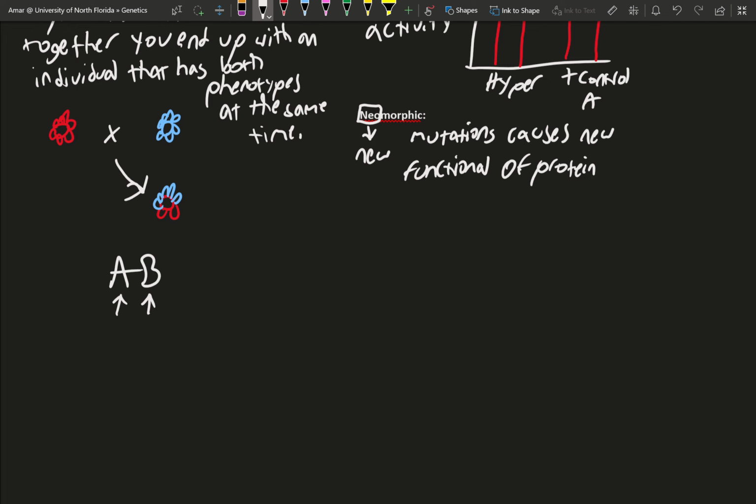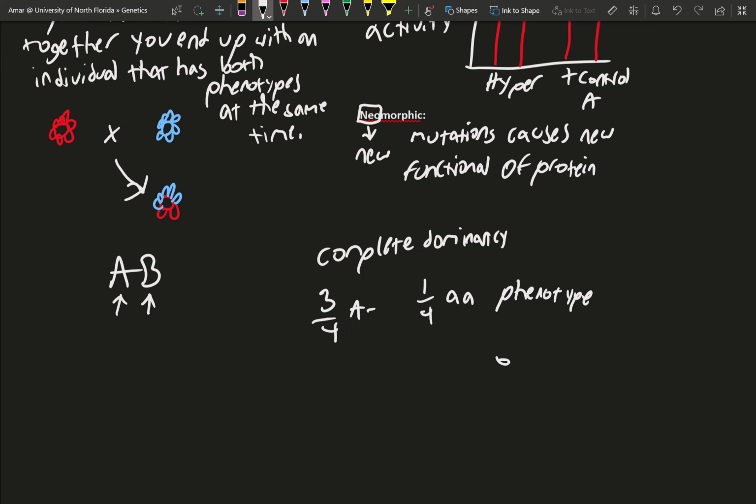If we had a complete dominancy case like this, you would have a 3/4 big A and 1/4 little a ratio for the phenotype. And for the genotype, you would have a 1/4, 2/4, 1/4 ratio, where this is big A big A, big A little a, little a little a.